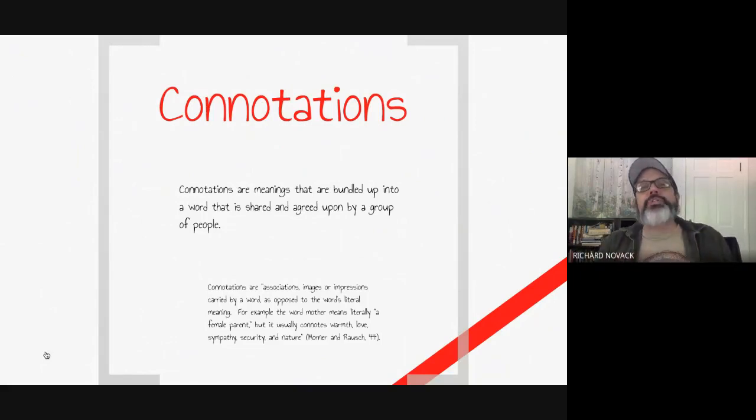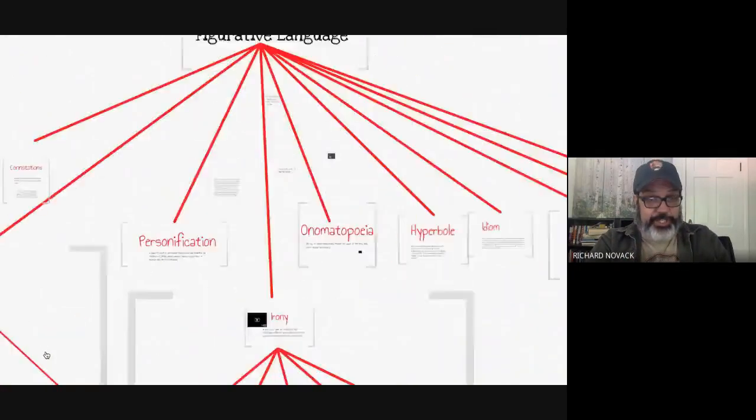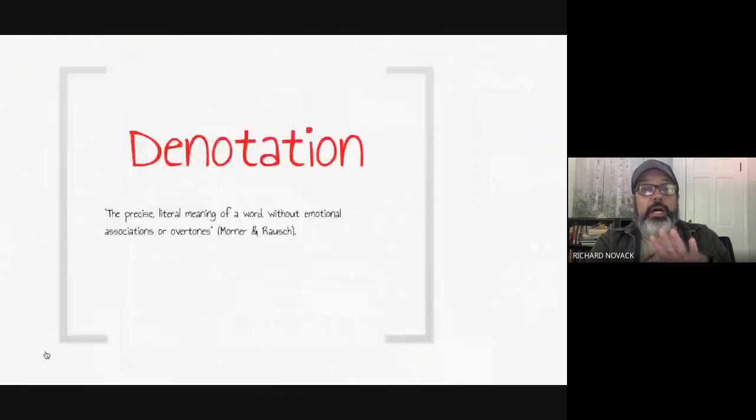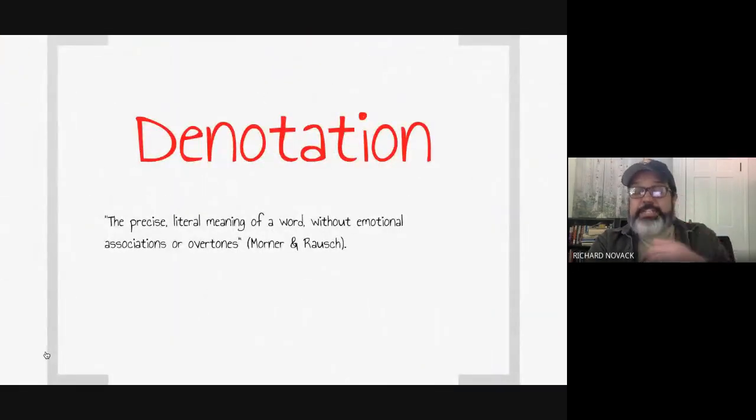But mother also has this connotation of warmth and love and lovingness. That word is packed with a lot of meaning that is both literal and figurative. The denotation of mother, of course, again, is someone who births offspring, right?